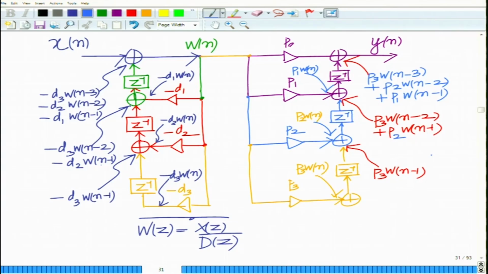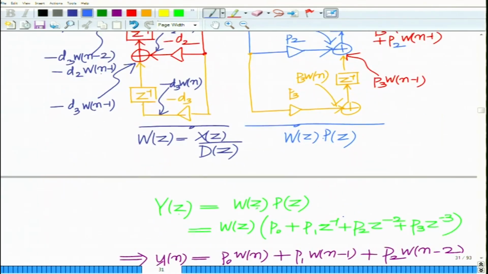And so, what you have over here will be, and now you are adding this to P naught W n, so that gives you Y n. So, that basically completes, and this part basically implements the W z into P z. So, this is basically your cascade of first 1 over d z with W z.